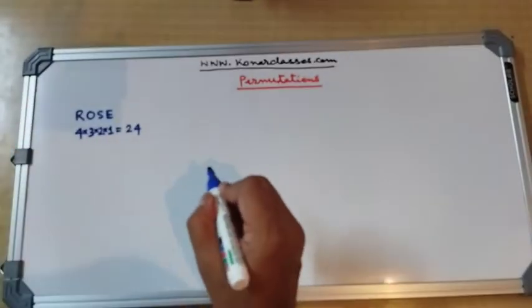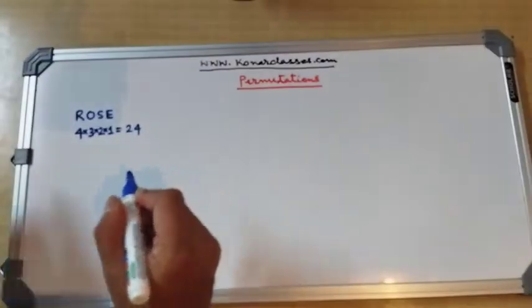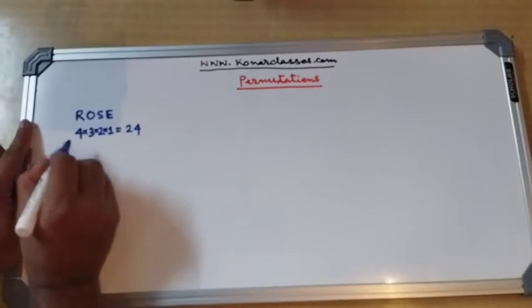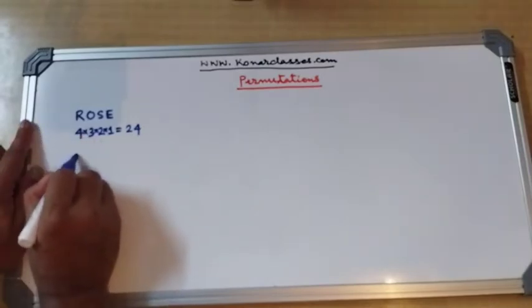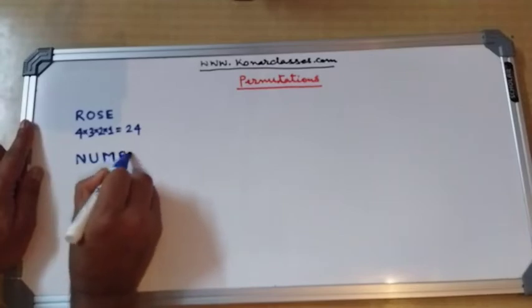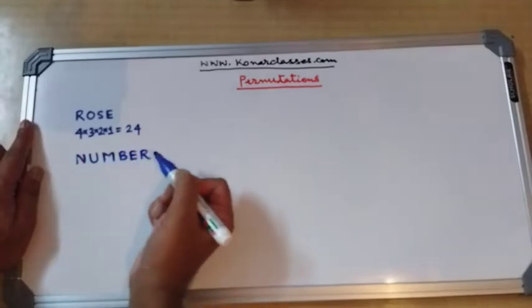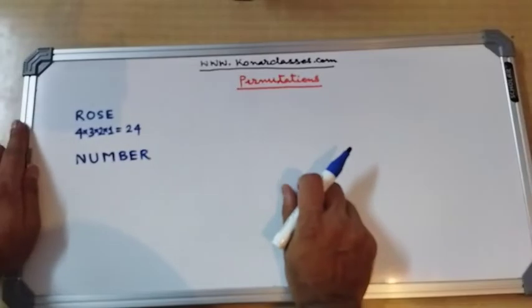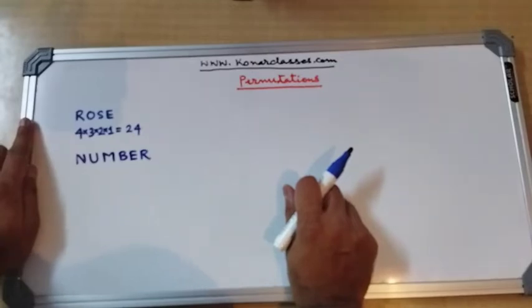Now let's take another example, and the word I am choosing is number, N-U-M-B-E-R. In this word there are 6 letters, each different, but here our problem statement is a little different from the previous one.